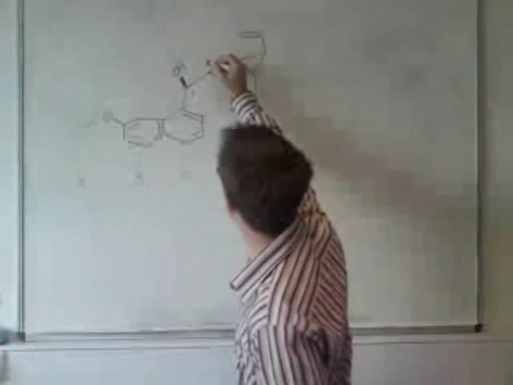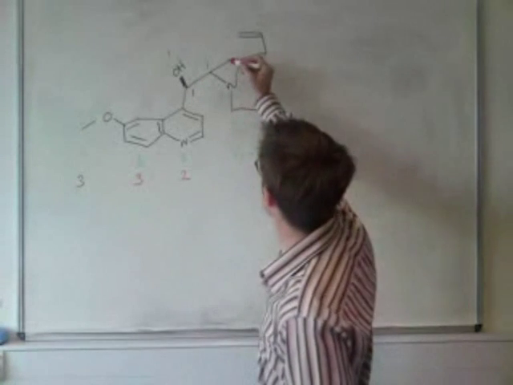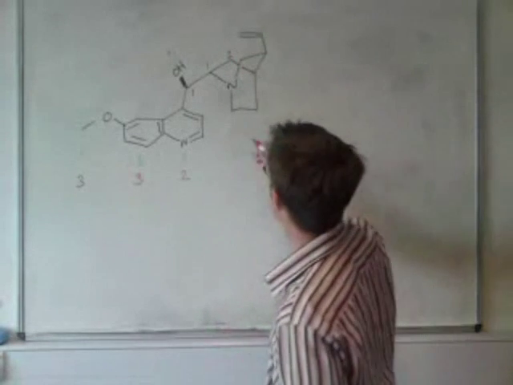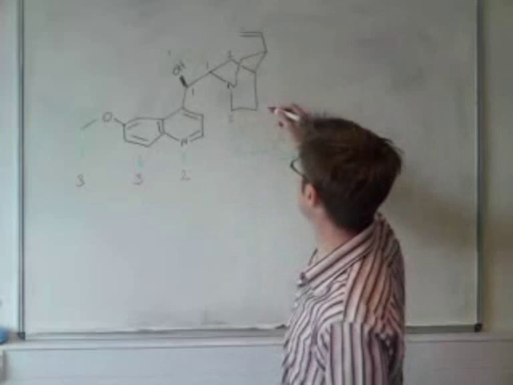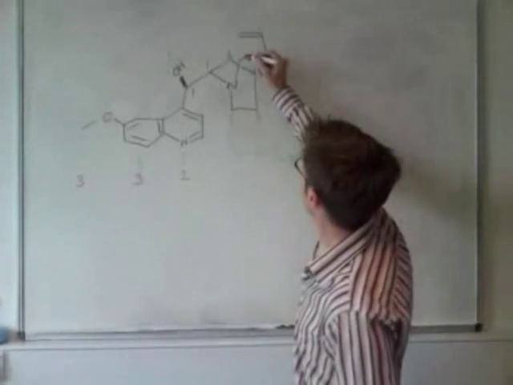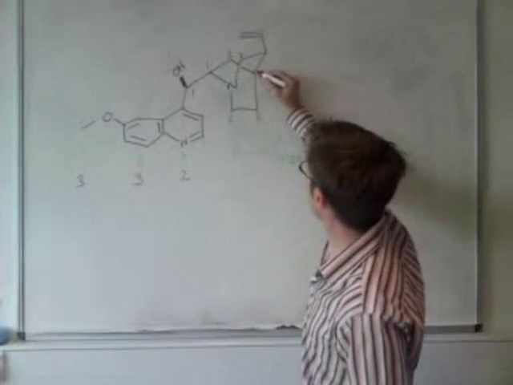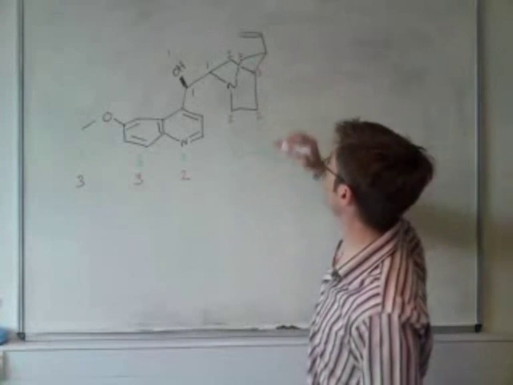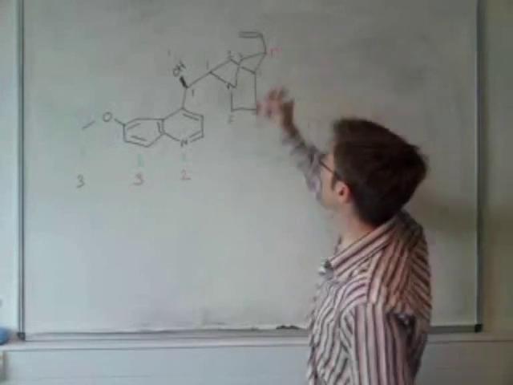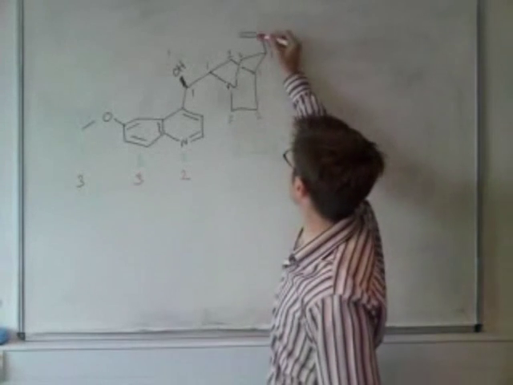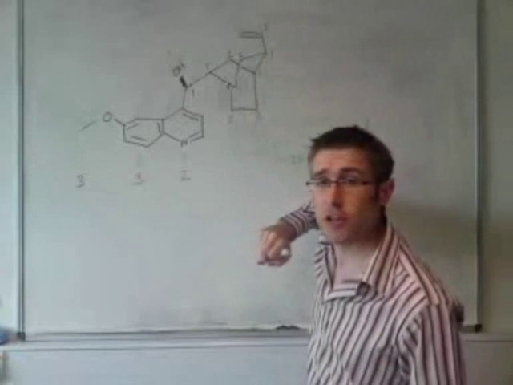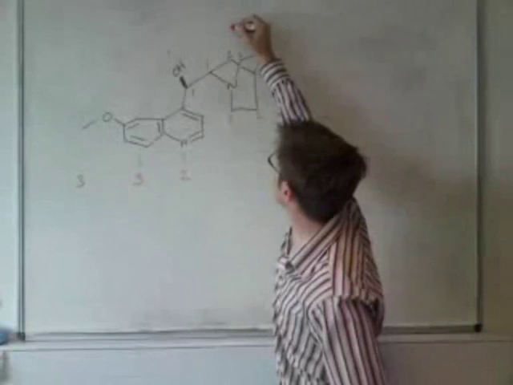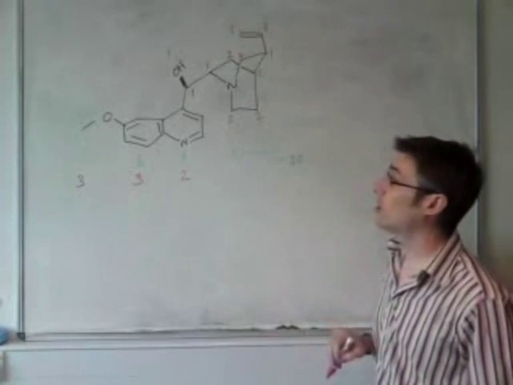Again, 1, 2, 3, we need a hydrogen here. 1, 2 bonds to this carbon, so 2 hydrogens here. Similarly, 2 hydrogens here, 2 hydrogens here, 2 up here. There's 3 bonds into this carbon, so 1 hydrogen here, 3 bonds to this carbon, 1 hydrogen here, 3 bonds to this carbon, 1 hydrogen here, and only 2 bonds, the double bond here to this carbon, so there are 2 remaining hydrogens on here.